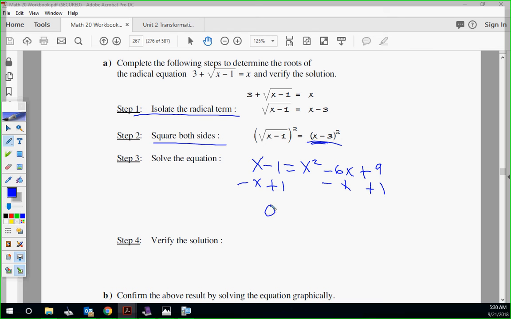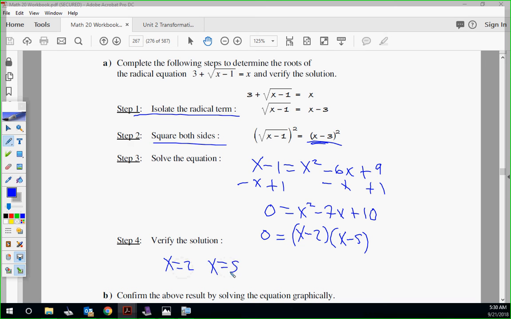So I get 0 equals x squared minus 7x plus 10, and I need to factor that. Factor the 10 to get 7: that's the nice 5 and 2, both negative. With that, you see the answer is 2 and 5 by the zero product law. The opposites: minus 2 is a plus 2, minus 5 is a plus 5. So you get x equals 2, x equals 5.